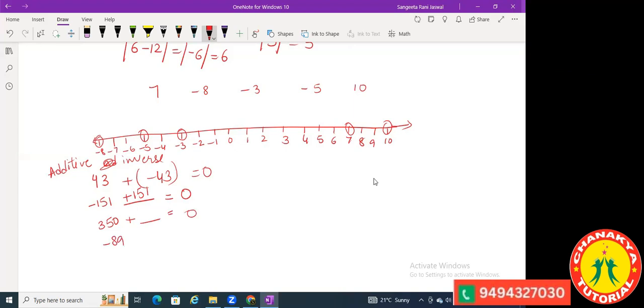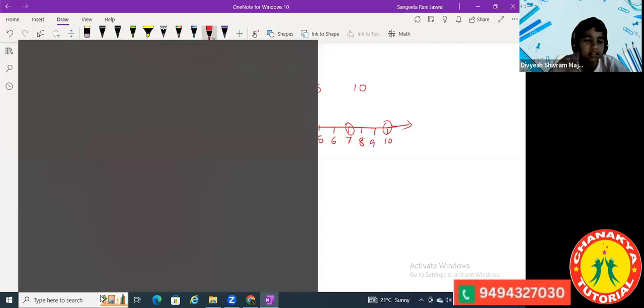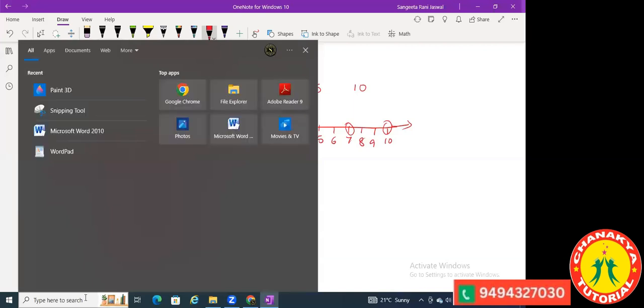Minus 350. Very good. Ashwath, you tell me. Additive inverse, 89. Plus 89. Divesh will tell me the additive inverse of 47. Ma'am, minus 47.